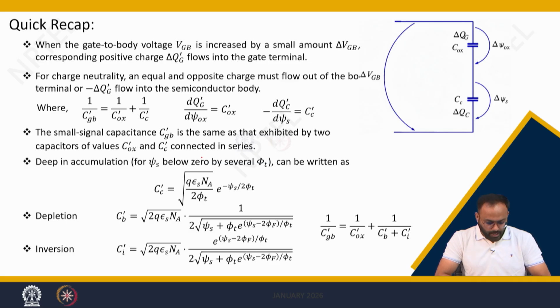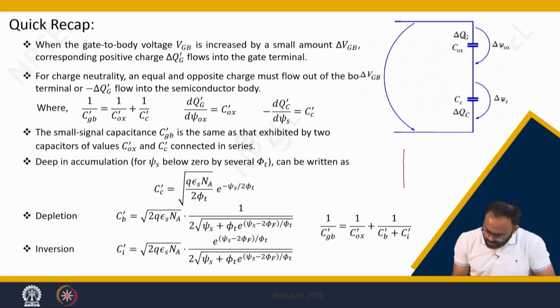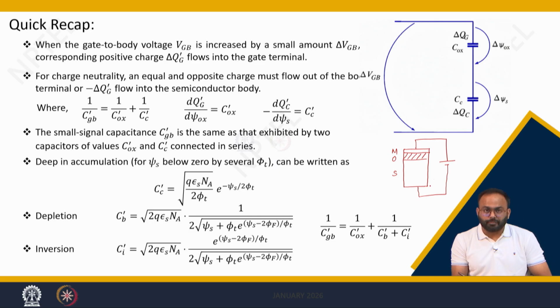Let us do a quick recap. In the previous lecture, we discussed the two terminal MOS structure, having a metal, oxide and semiconductor. When you change the gate to body voltage, that change is reflected in the change in channel charge, and hence an overall capacitance comes into the picture.